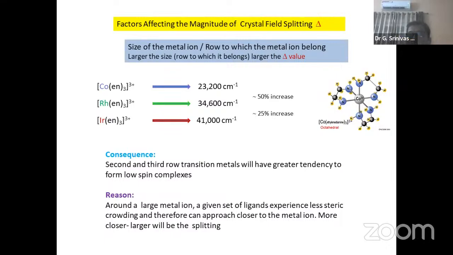If the metal ion orbitals and ligand orbitals come closer, they repel each other very strongly, and the splitting is also very high. That's why the CFSE value is also very high.